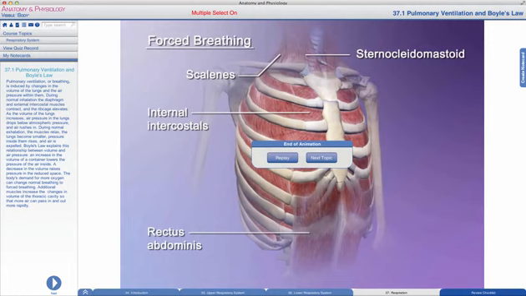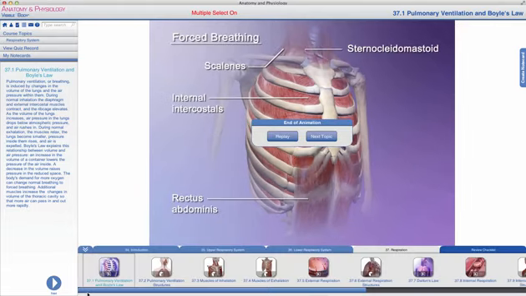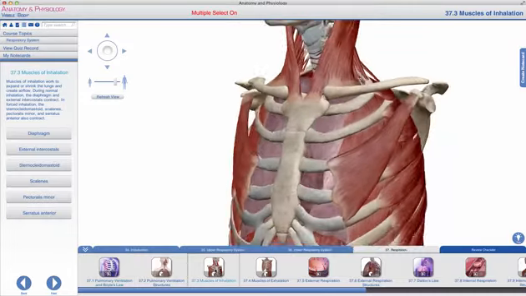This concept of an inverse relationship between your thoracic volume and thoracic pressure is, as you can see, what drives inhalation and exhalation. Now, it's important to review those muscles that we've discussed in earlier sections through anatomy and physiology.